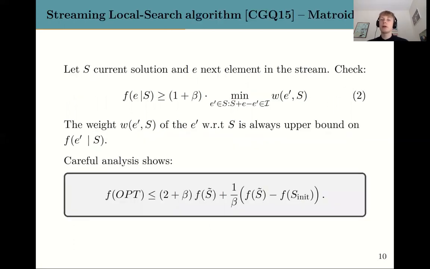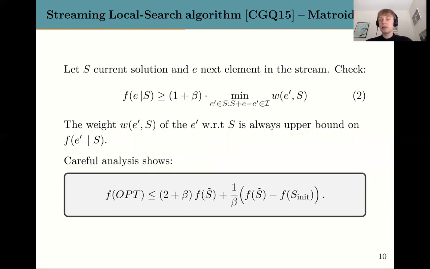We actually use a streaming local search algorithm that was introduced by Chekuri, Gupta, and Kanrud. I'm going to discuss mostly the Matroid case, but those results extend to the P Matroid case. You might already be familiar with local search.